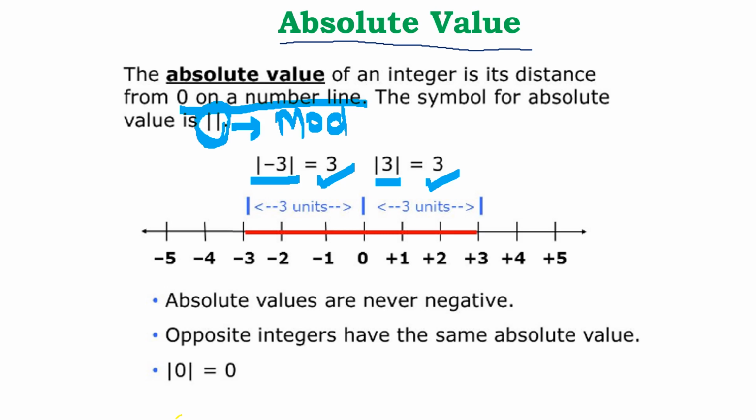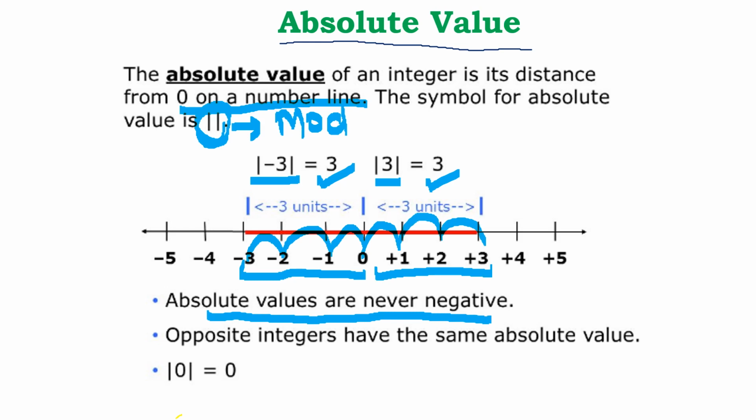Look here, from 0 to -3. How many units are we covering? 1, 2 and 3. Same way, from 0 to +3. How many units are we covering? 1, 2, 3. So anyways, the answer is 3 units. Absolute values are never negative.